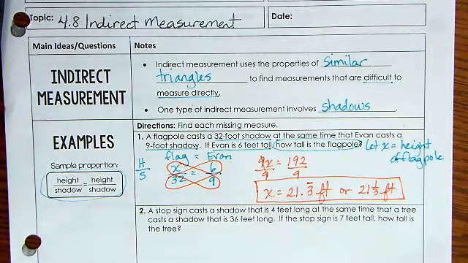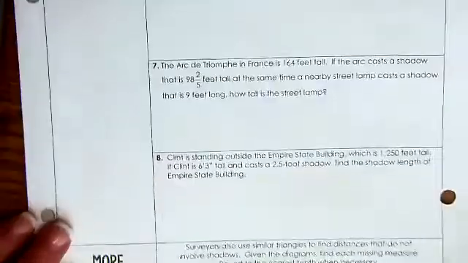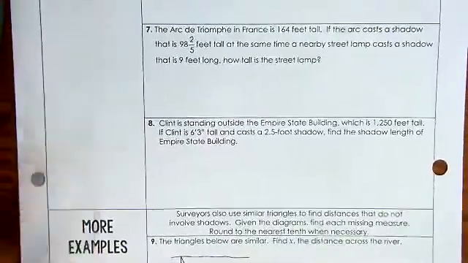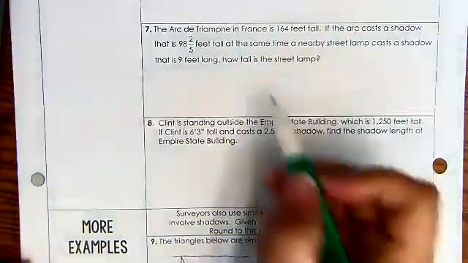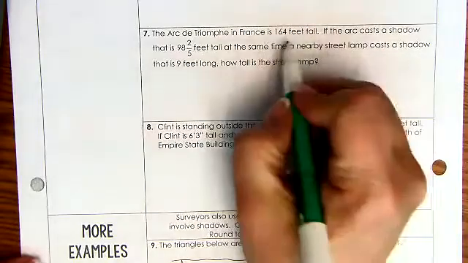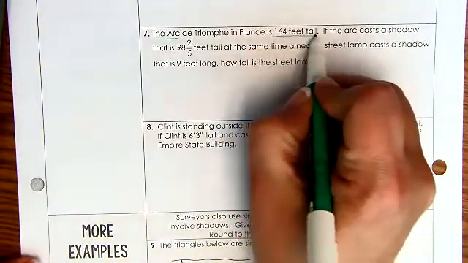Moving right along, turn to the next page, and we are going to work number 7. It says the Arc de Triomphe in France, the arc, is 160 feet tall.